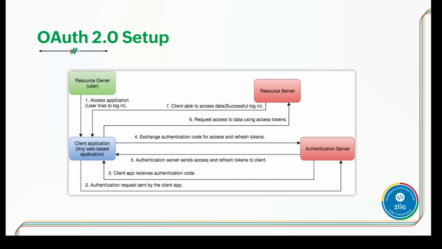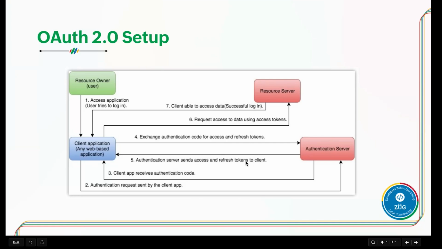Now, this grant token doesn't give your app access to any data by itself. It's simply a temporary pass your app can exchange for an access token. So how do you get this access token? For this, your app now has to make another API call to the authorization server, exchanging the grant token along with the client ID and client secret for two other tokens. These are the access token and the refresh token.